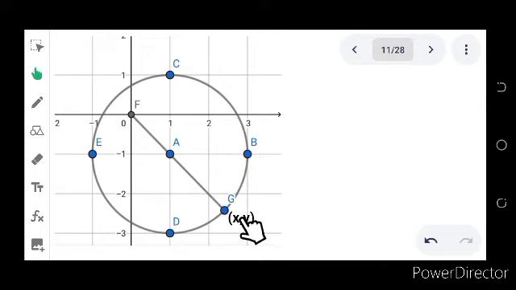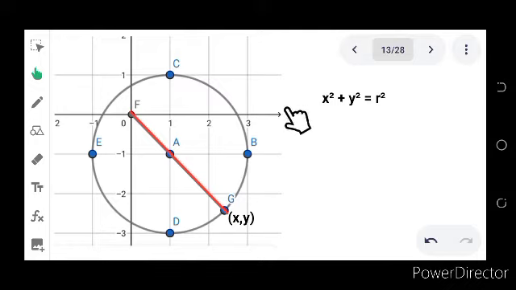From the definition, this will be the longest distance, so this is the largest value for x squared plus y squared. And again, the formula for the circle with center at (0, 0) is x squared plus y squared equals r squared.